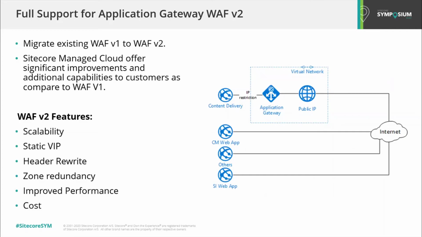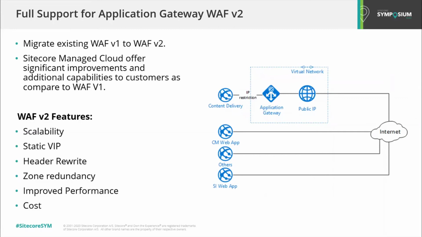It allows you to add, remove, or update HTTP request and response headers on application gateway. It enables application gateway to survive zonal failures, which increases the resilience of applications. It also provides improvement in performance during provisioning and during configuration update activities.